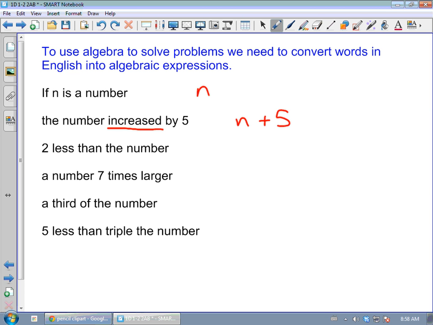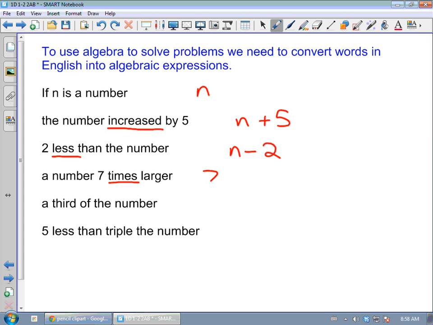Okay. Next one here, we've got 2 less than the number. Okay. Less, again, that keyword there is describing a mathematical operation. We're doing subtraction. So we would have something like n minus 2. Okay. A number 7 times larger, again, this keyword times here is describing a mathematical operation. What operation are we doing if we've got that word times in there? We're doing multiplication.